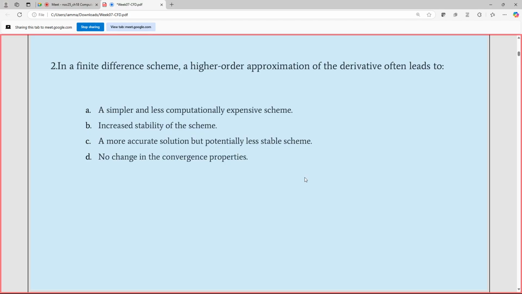The answer is option C, that is, a more accurate solution but potentially a less stable scheme. This is our answer, option C. Because when approximating certain terms, we know that ∂²φ/∂n² can be written as some terms plus some higher order terms.